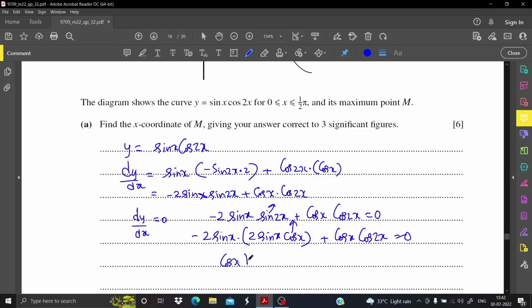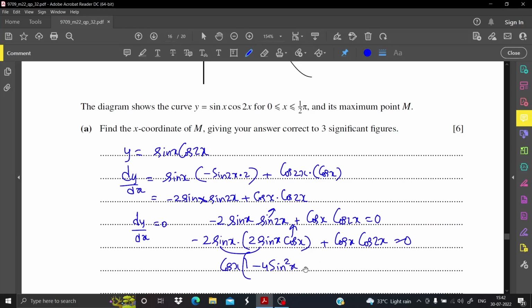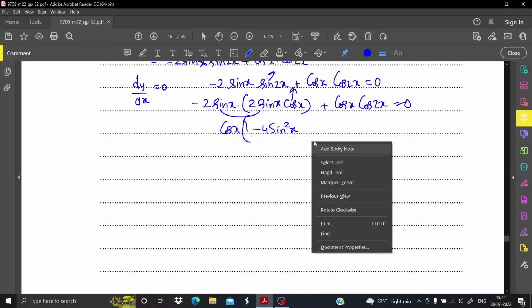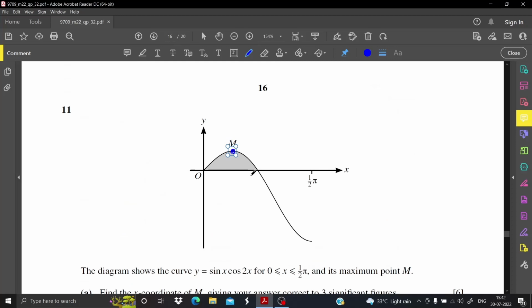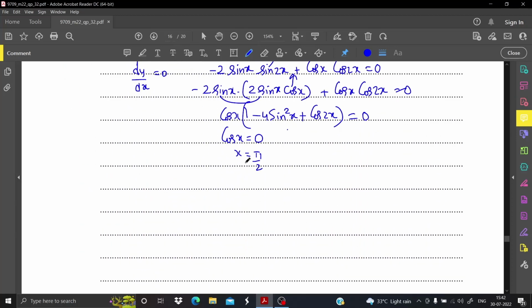So cos x into minus 4 sin square x plus cos 2x equal to 0. So cos x is 0, whereby you get x equal to pi by 2. But I don't think this makes sense because M is between 0 and pi by 2.